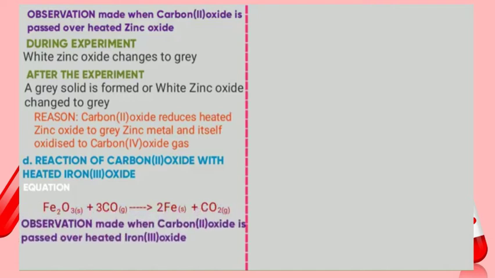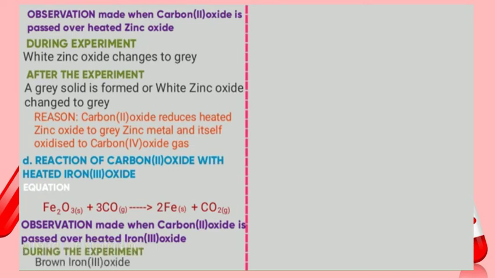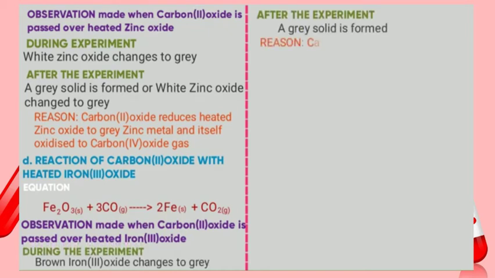Observation made when carbon 2 oxide is passed over heated iron 3 oxide: during the experiment brown iron 3 oxide changes to gray. After the experiment, a gray solid is formed.